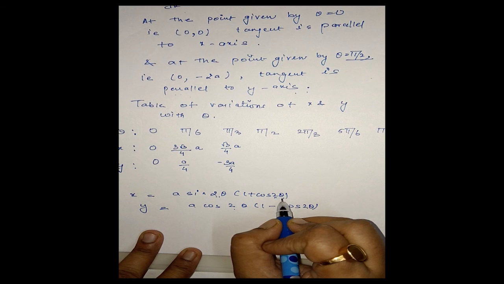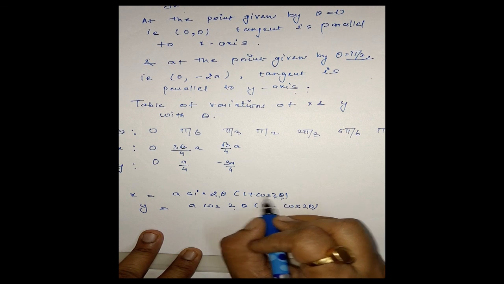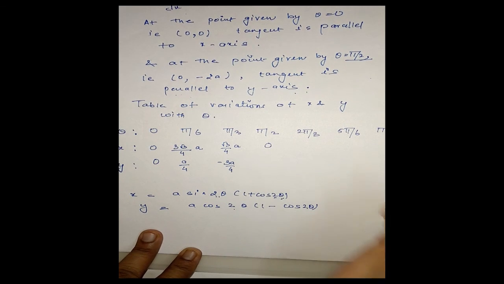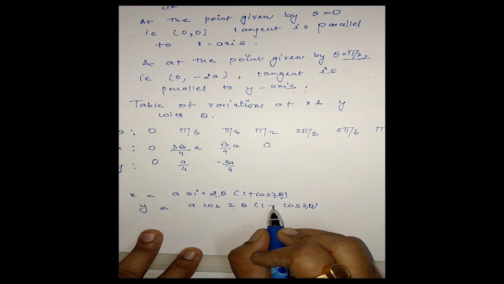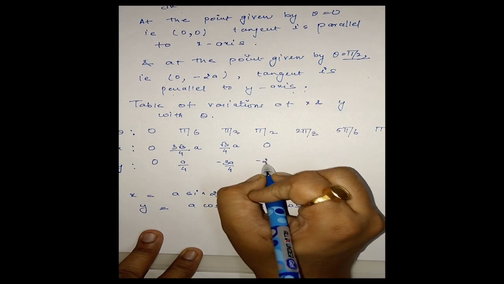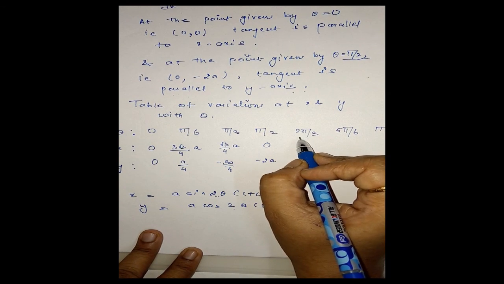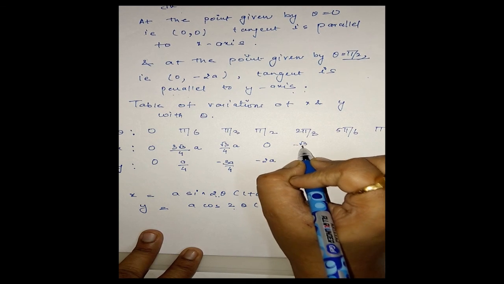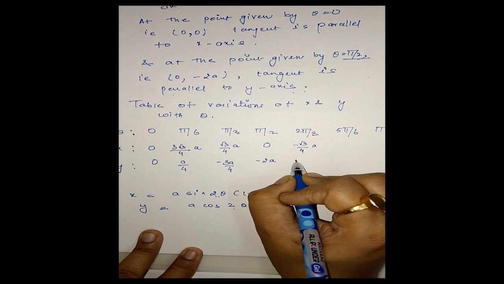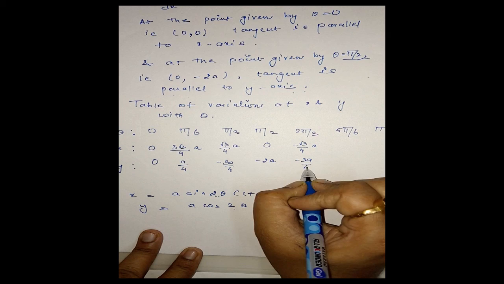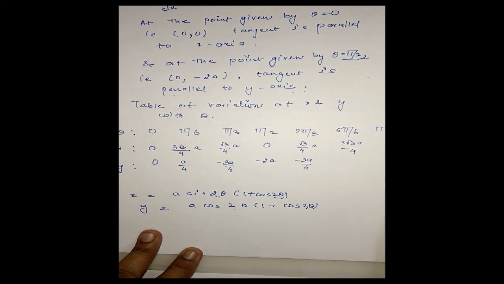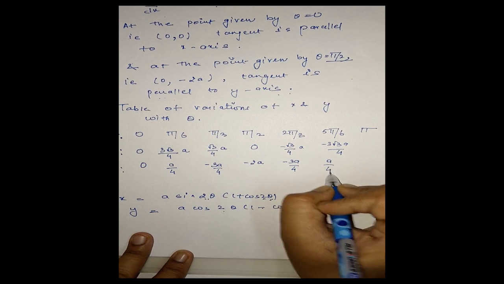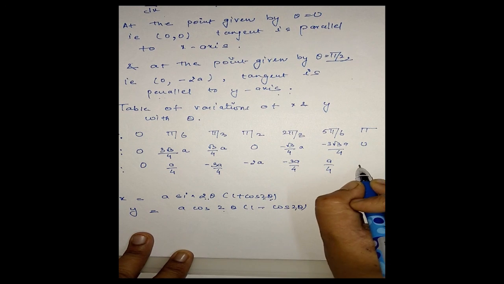At pi by 2 we get 0 and minus 2a. At 2 pi by 3, x is minus root 3 by 4 a and y is minus 3a by 4. Then minus 3 root 3 a by 4 and a by 4, and finally 0 and 0.